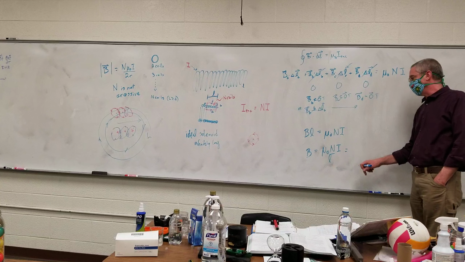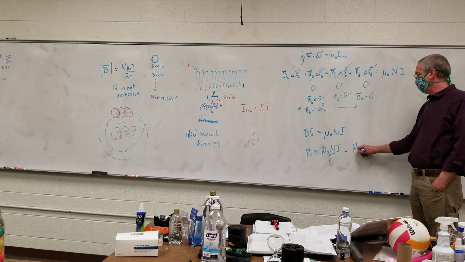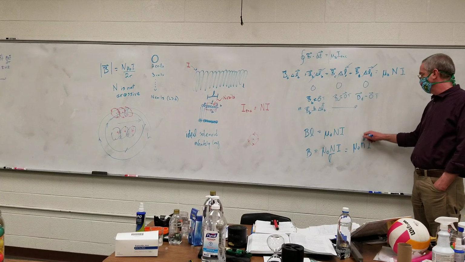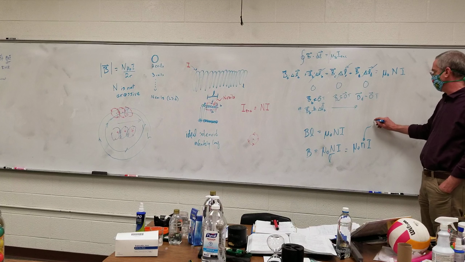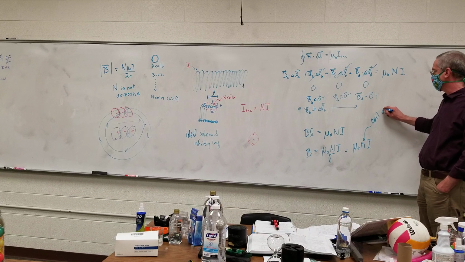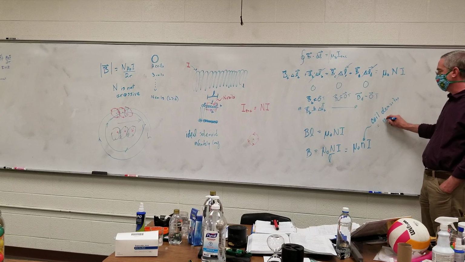And textbooks typically take it one step further. Mu naught lowercase n I, where this lowercase n is the coil density, which is just number of coils per unit length.